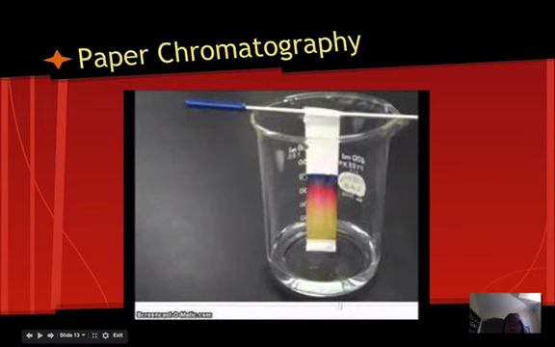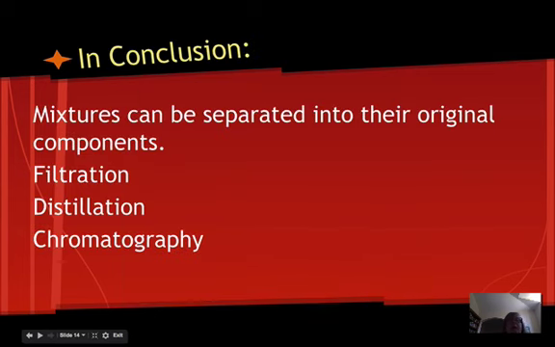Here it looks like the black was pretty soluble in our mobile phase and moved pretty high, where the green stayed lower. So in conclusion, know what mixtures are and know that they can be separated into their original components. The three methods we've talked about are filtration, distillation, and chromatography.